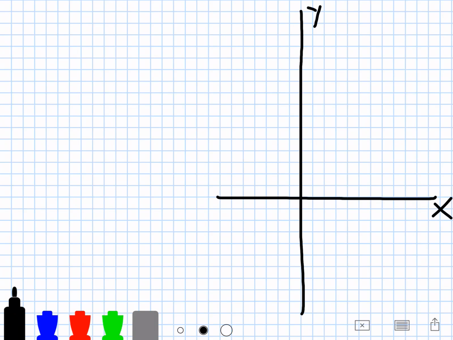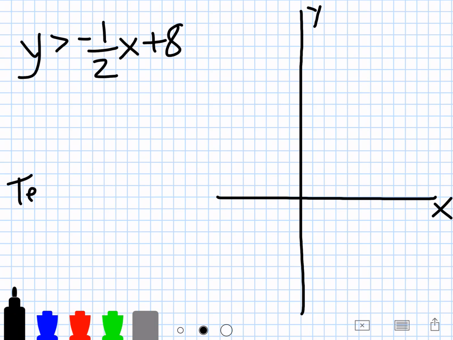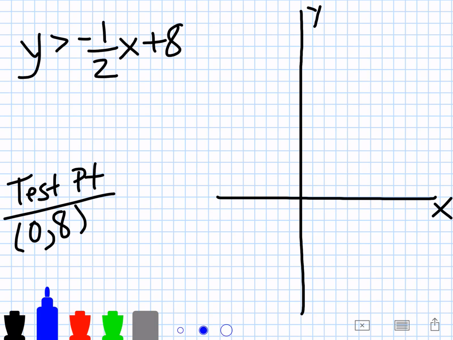We said that our solved equation is y is greater than a negative 1/2 x plus 8. And we have a test point of (0, 8) because we're trying to see if (0, 8) is included in the solution set.